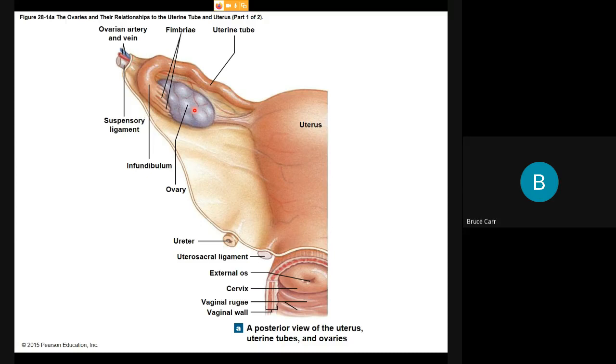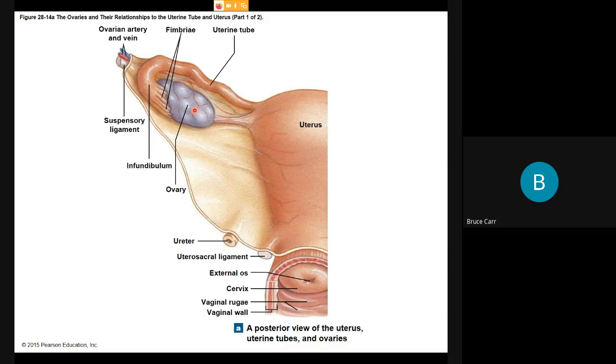Now, let me modify that a little. It used to be thought it was always single. Now we know there's evidence of multiple maturations per month. It's not that uncommon. But typically the female tract is focused on a single egg produced every month.